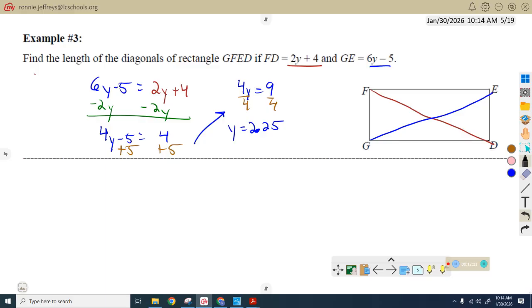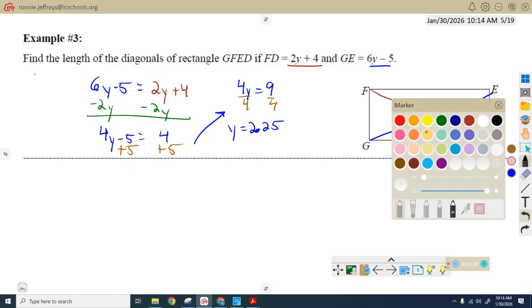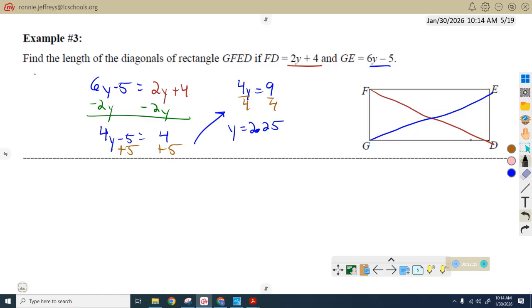Now, it doesn't matter if we find FD or GE, they're the same, so we know that GE equals FD, which is 2.25 plus 4.